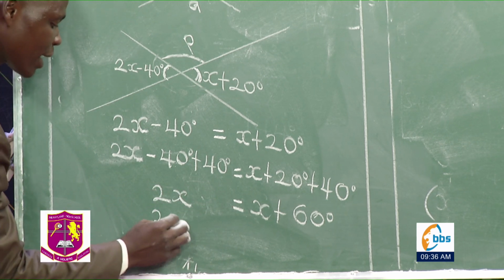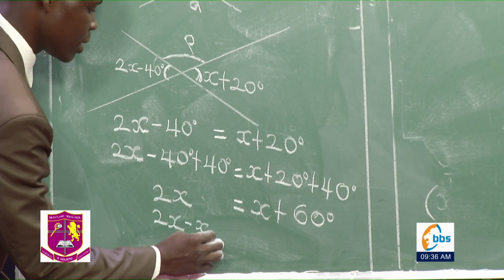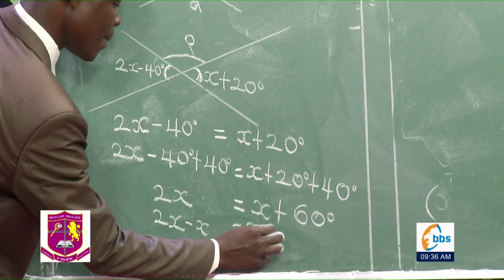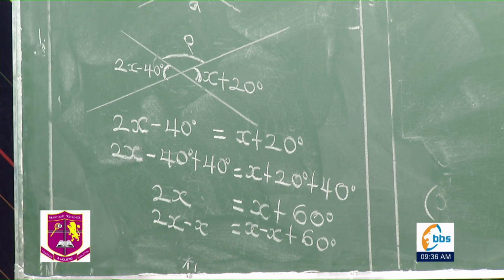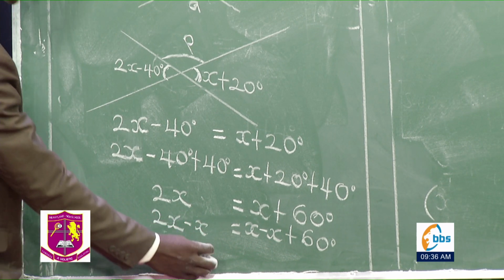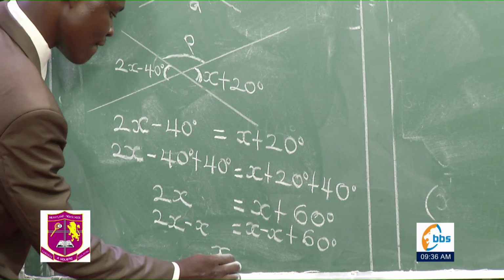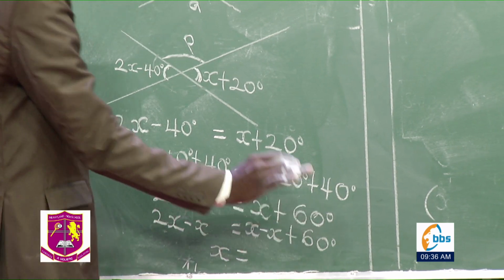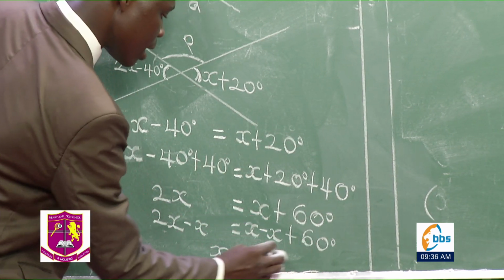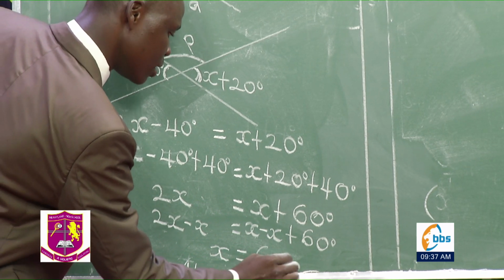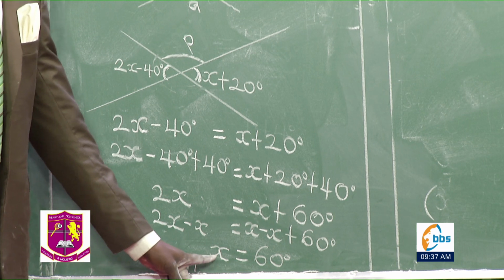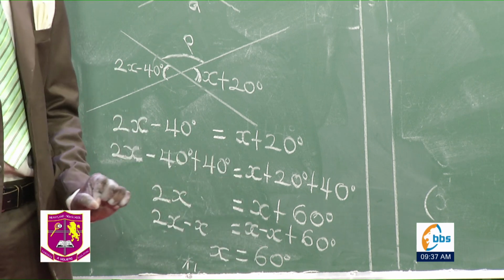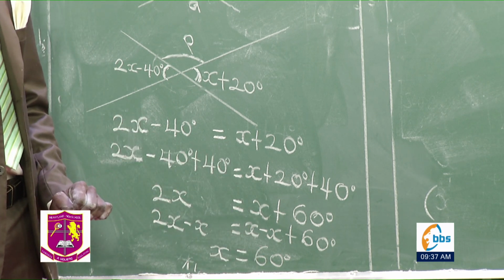So we shall have 2x minus x, which is equal to x minus x plus the 60 degrees. So 2x minus x, we end up with x, and x minus x gets nothing. Here we shall only have 60 degrees. And therefore, the value of x is equal to 60 degrees.